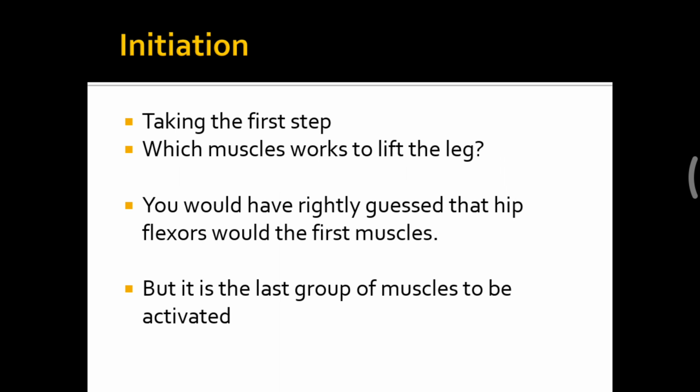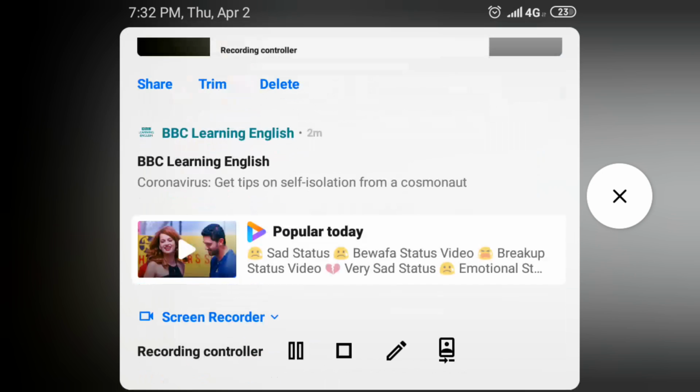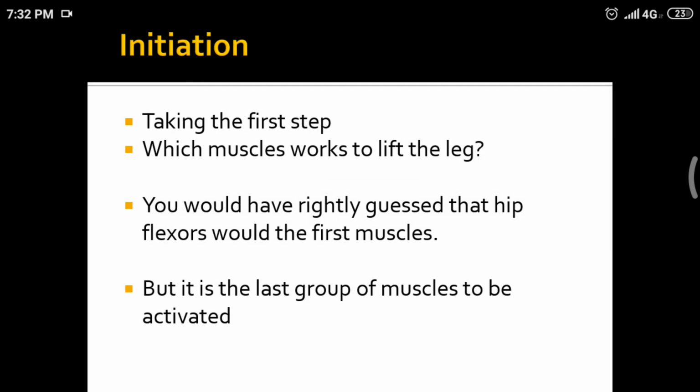If your center of mass is going to be in the center and you're lifting a leg, then you're going to fall onto the side where the leg is moving, right?